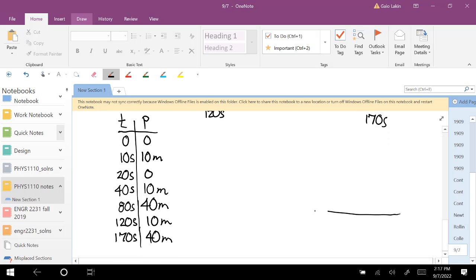So, a position versus time graph. Position is always going to go on the y-axis. Time is always on the x-axis. So let's see. I'm just going to write out the numbers that occur here. So the position axis has the 0. Then we have 10 and 40, so 10 meters and 40 meters. And then for times, we have 0, 10, 20, 40, 80, 120.